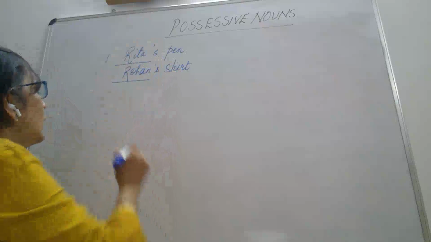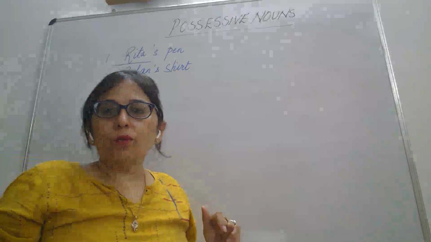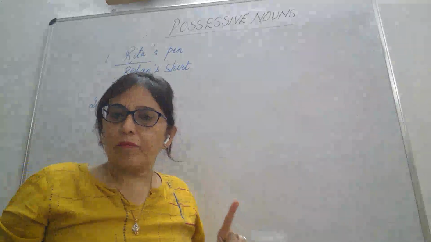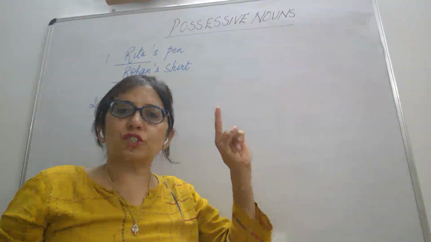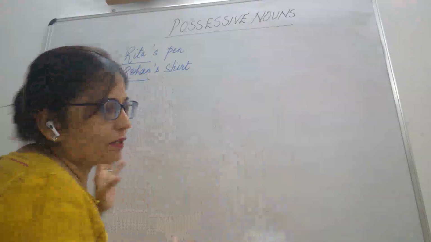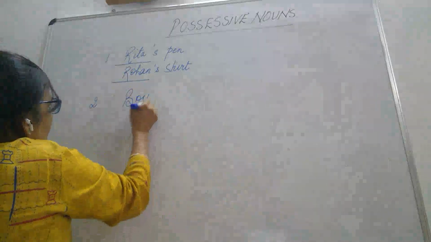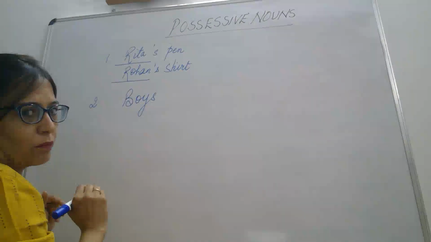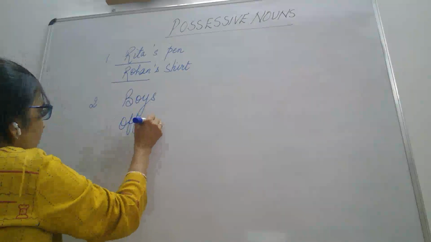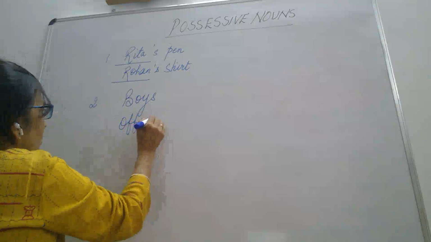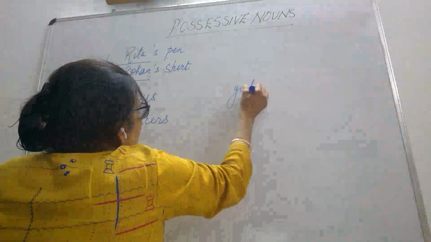Now, in the case of plural nouns, we will not add S. It's already S there, we'll just put an apostrophe at the end. For example, boys is a plural form, right? Then we have officers, girls.